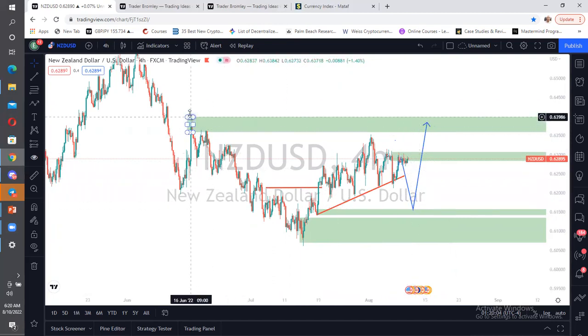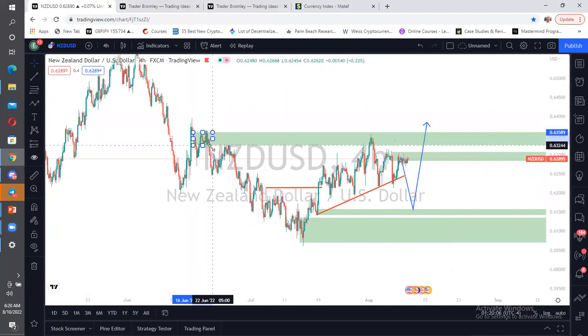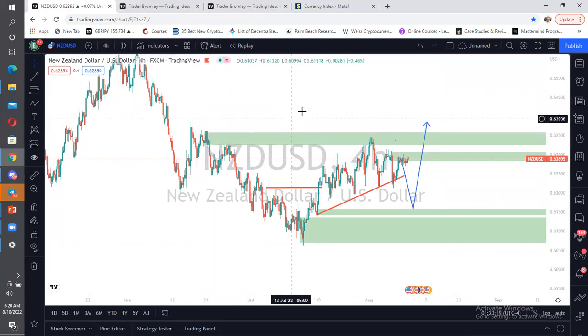Now, why we're saying that is because the market came back to this level here and got mitigated. After this was mitigated here, then we need to see a push to the downside before the upside.